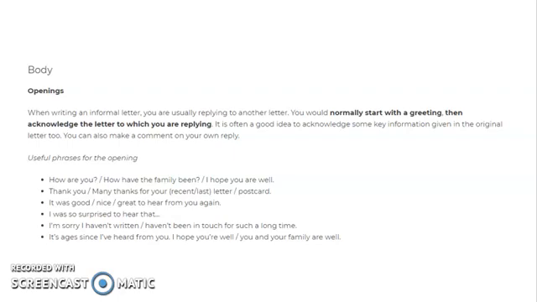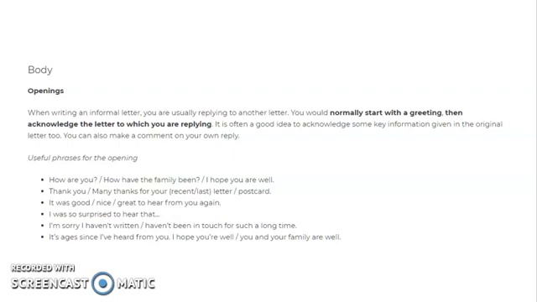You would normally start with a greeting, then acknowledge the letter to which you are replying. It is often a good idea to acknowledge some key information given in the original letter too. You can also make a comment on your reply.